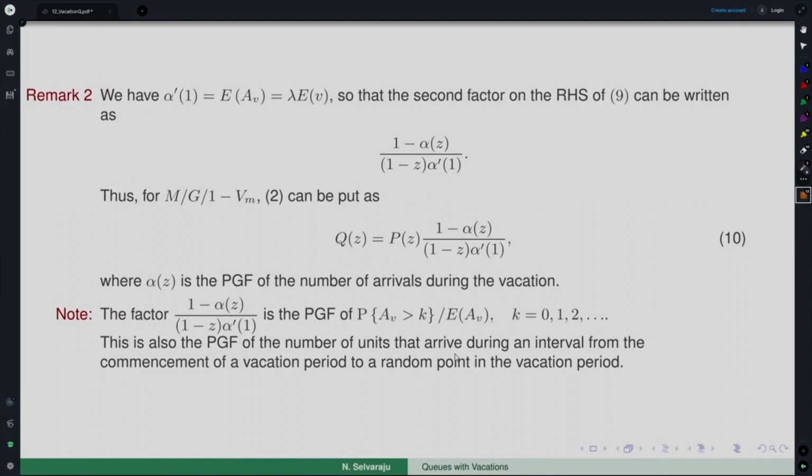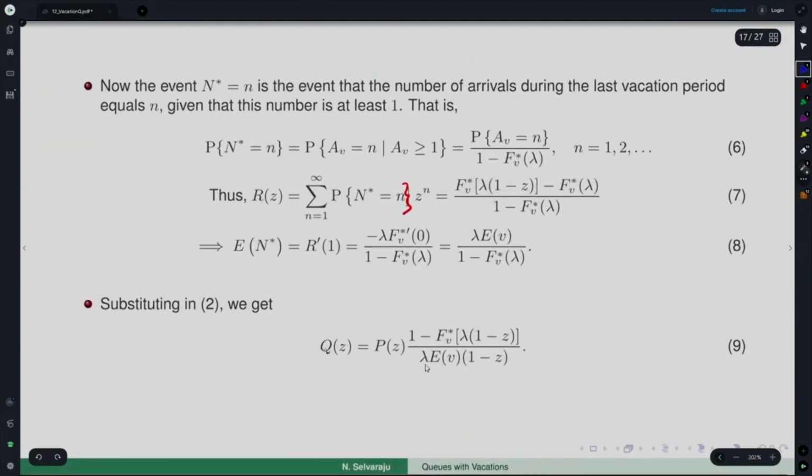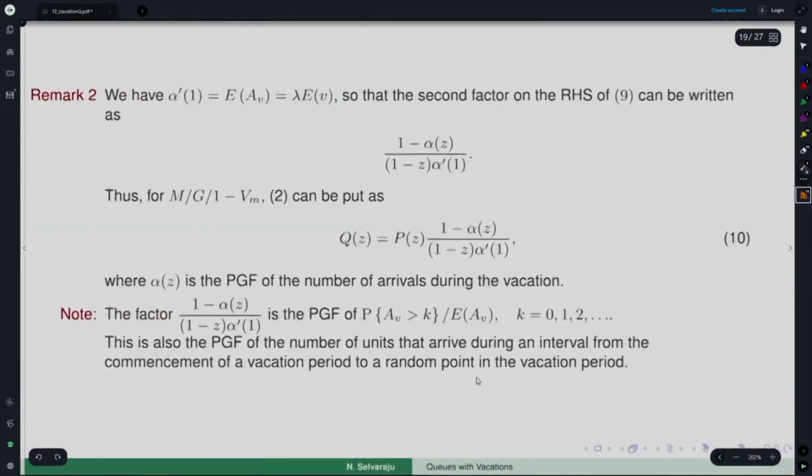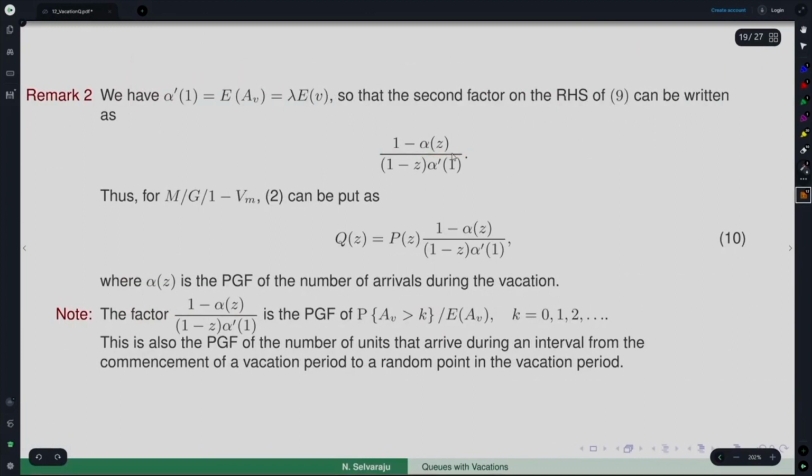The other remark is that alpha of z is the PGF of this AV. If I take its derivative and evaluate at one, I will get the expectation of this AV, and this is simply this quantity in steady state. So the second factor in this particular case can also be written as 1 minus alpha of z by 1 minus z times alpha dash of 1, because this is what is actually the case.